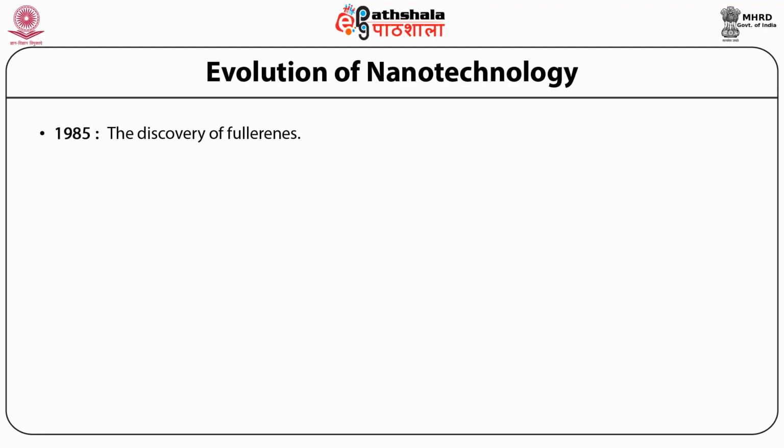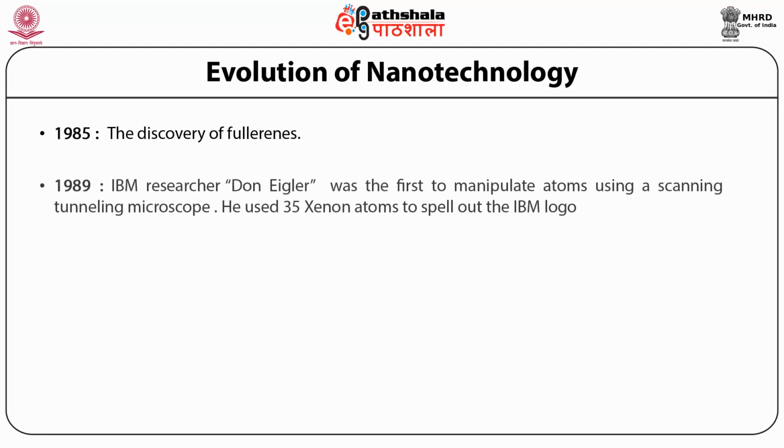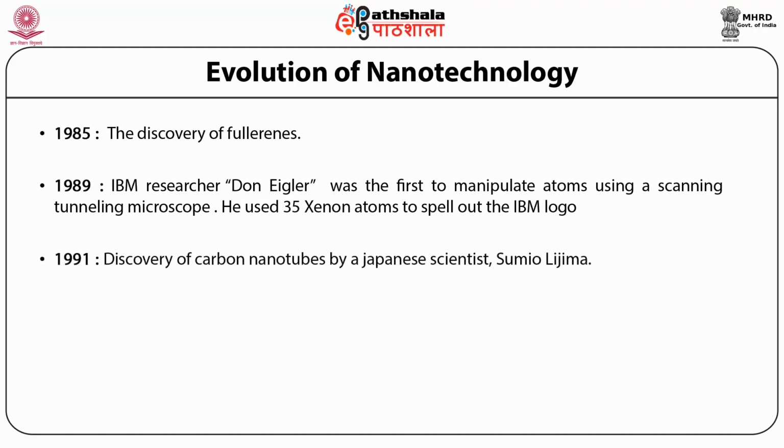We will discuss them later on. In 1989, the IBM researcher Don Eigler was the first to manipulate atoms using a scanning tunneling microscope. He used 35 xenon atoms to spell out the IBM logo. In 1991, carbon nanotubes were discovered by the Japanese scientist Sumio Iijima.